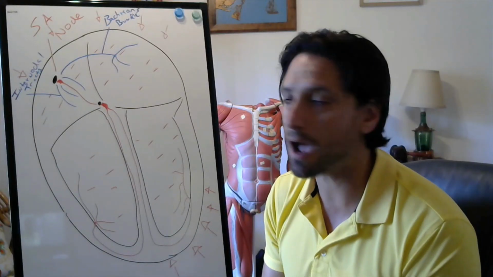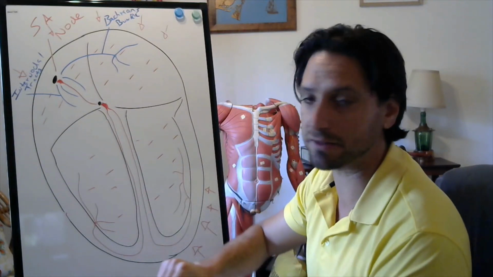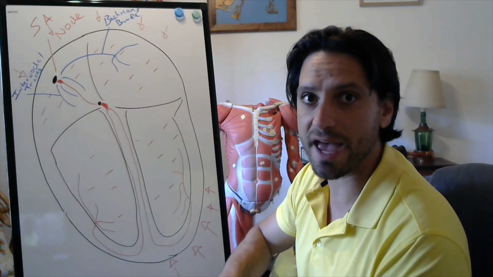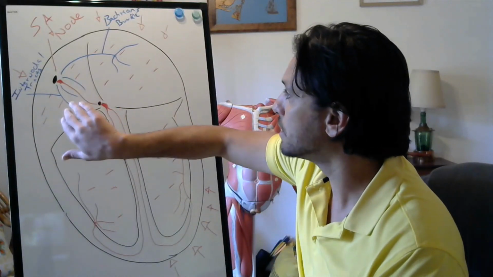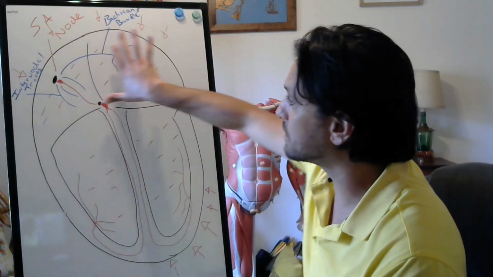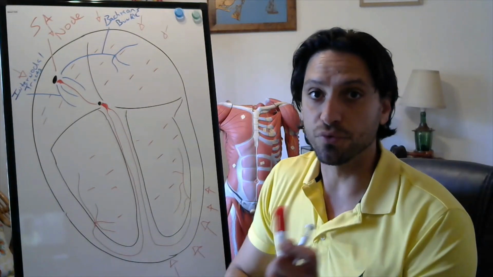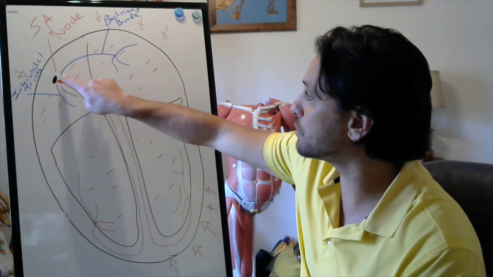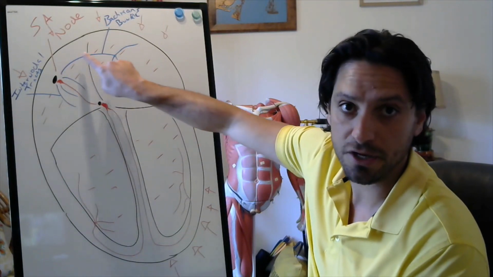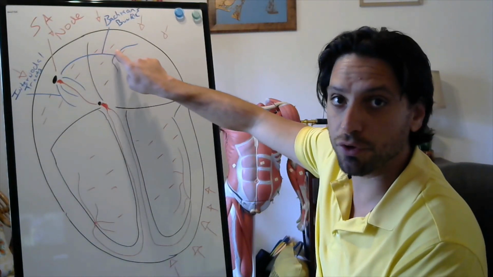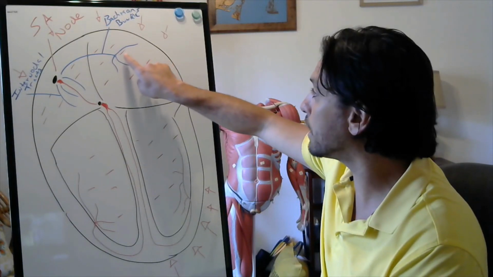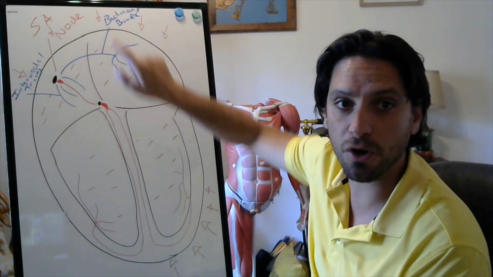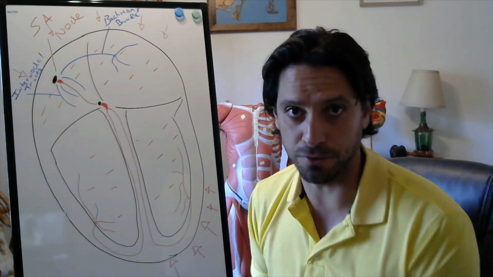But for the here and now, let's talk about this, okay? So SA node depolarizes. When the SA node depolarizes, we have electrical conductivity moving through. It moves really fast through certain nervous tissue fibers. We have a nervous tissue fiber that comes across the right atrium through into the left atrium, and this bundle of nerve fibers is called Bachmann's bundle.